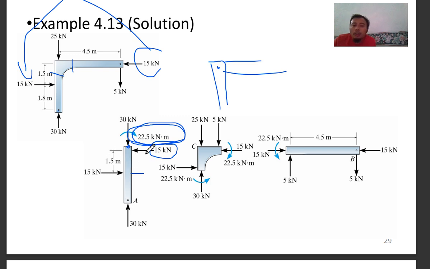So you get your value of moment here, and then translate this to the joint here, just in the opposite direction. This one is clockwise, and this one is counterclockwise; to the right, downward becomes upward. Just translate. Once you translate that, you can find the forces here.